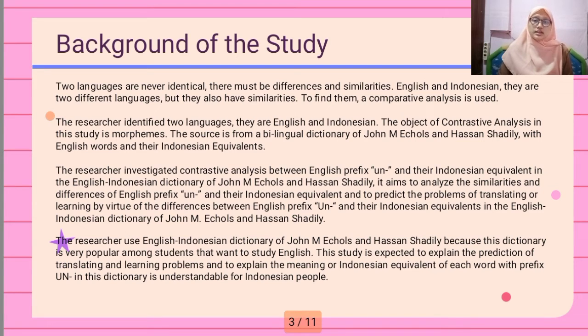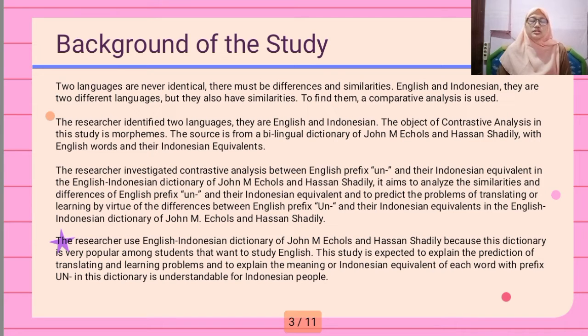This study aims to analyze the similarities and differences of English prefix and their Indonesian equivalents, and to predict the problems of translating or learning by virtue of the differences between English prefix and their Indonesian equivalents.